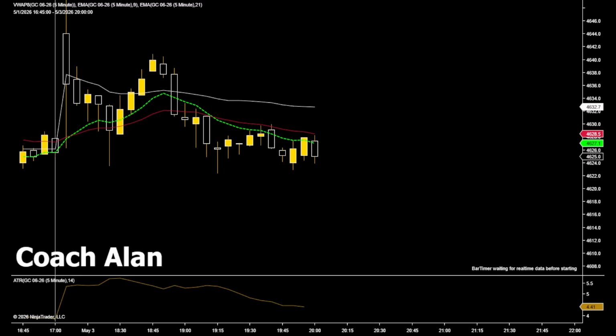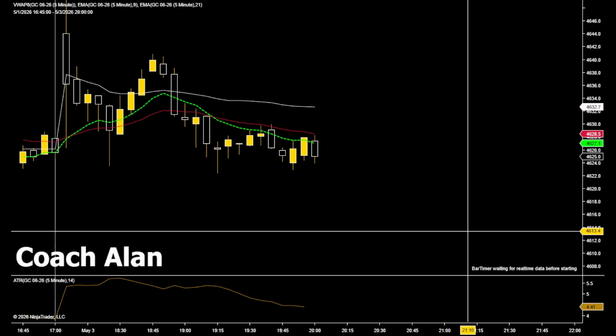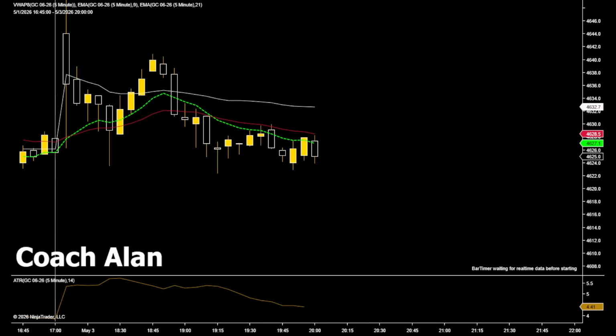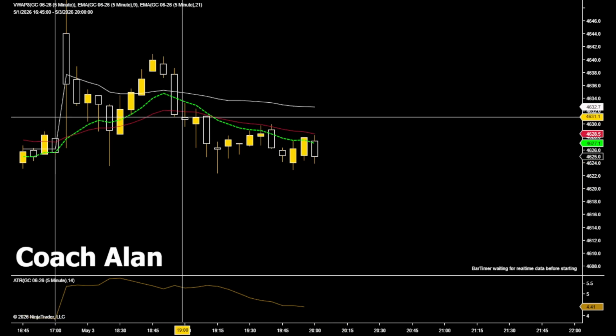Let's get to it. Now let's go over the setup for the runaway train. First, we want to mark the high and the low point between 7 to 8 o'clock. So the highest that the price went and the lowest that the price went between 7 and 8 p.m. If we look right here on this 1900 candle, this is 7 o'clock.